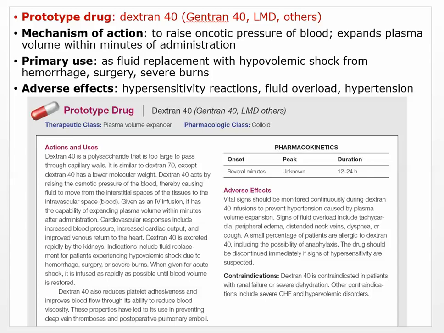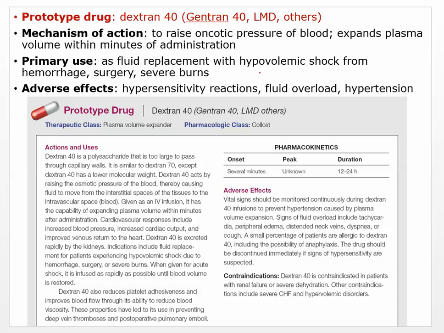And this is the information for it. Mechanism of action: it raises the oncotic pressure of the blood, because that colloid, a synthetic polysaccharide, moves in, and that's just where it stays. So it expands the plasma volume within minutes of administration, and its primary use is as a fluid replacement in hypovolemic shock. That means you don't have enough fluid in your blood vessels.